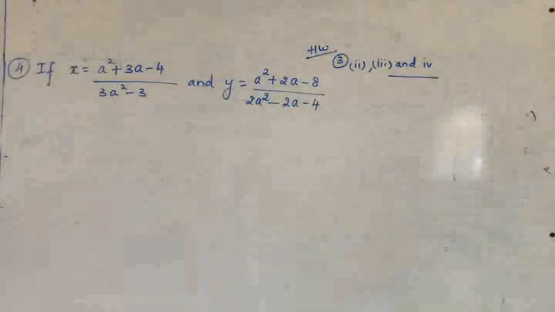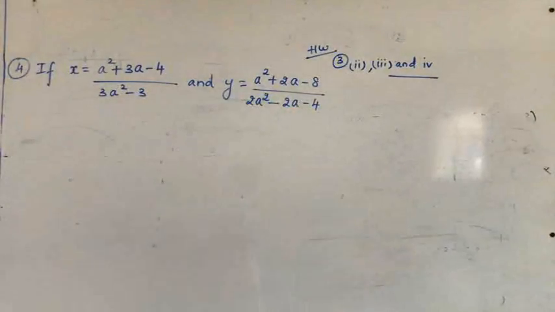So what is being given to you? You are being given the value of x and y. That is, x is equal to a square plus 3a minus 4 upon 3a square minus 3 and y is equal to a square plus 2a minus 8 upon 2a square minus 2a minus 4.